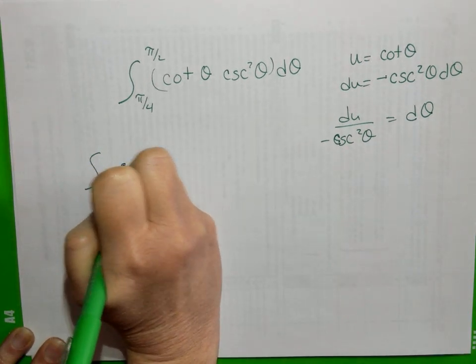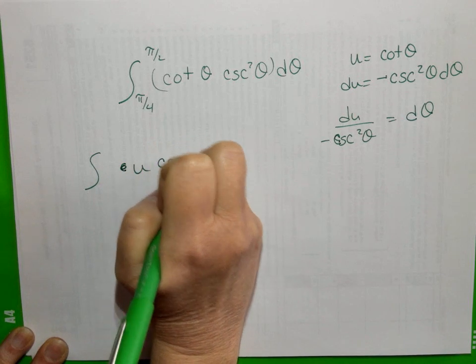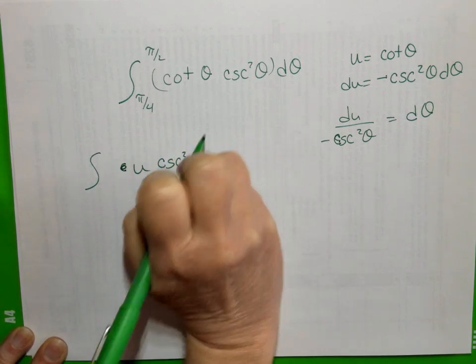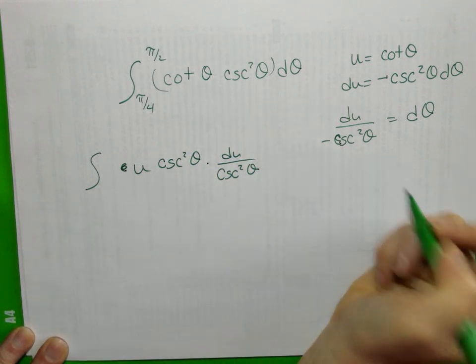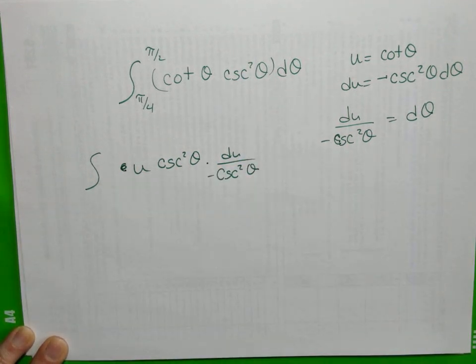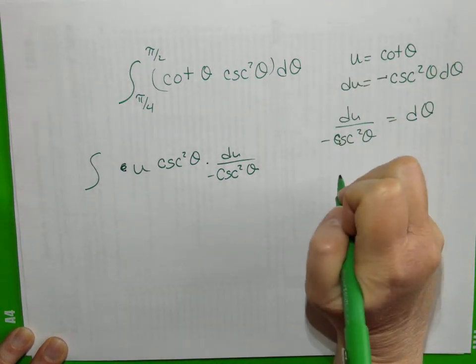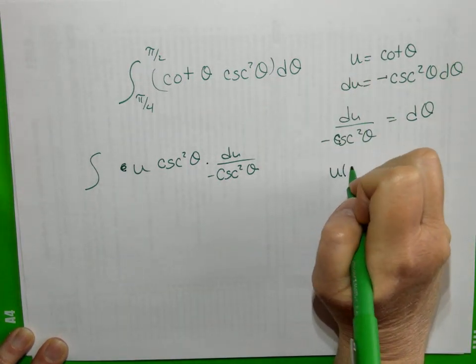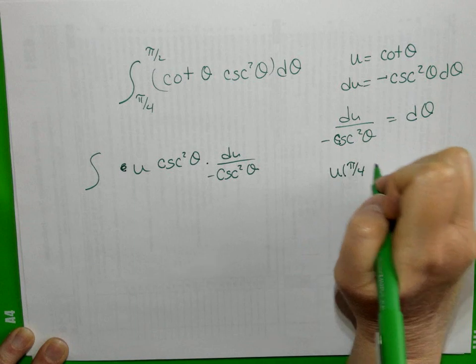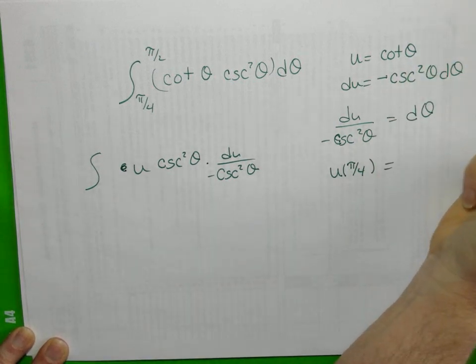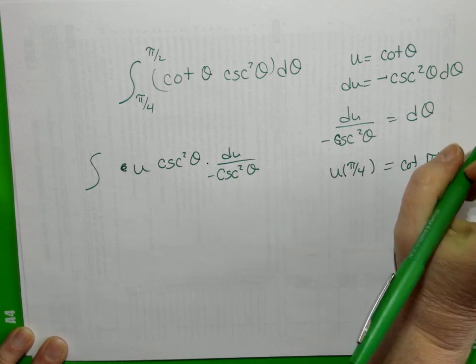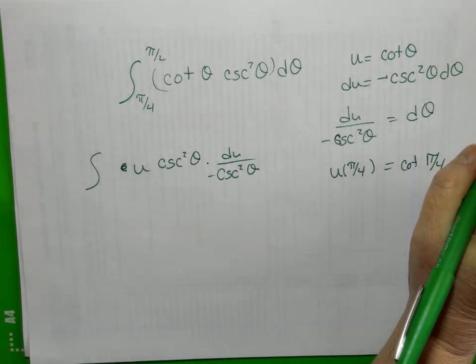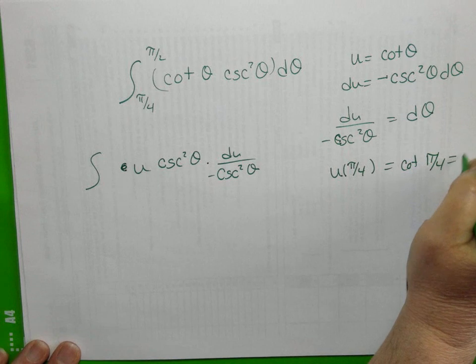So I have u cosecant squared theta times du over cosecant squared theta. Oops, that's a negative. I have to adjust my boundaries. So u of pi over 4, or the cotangent of pi over 4, is 1.